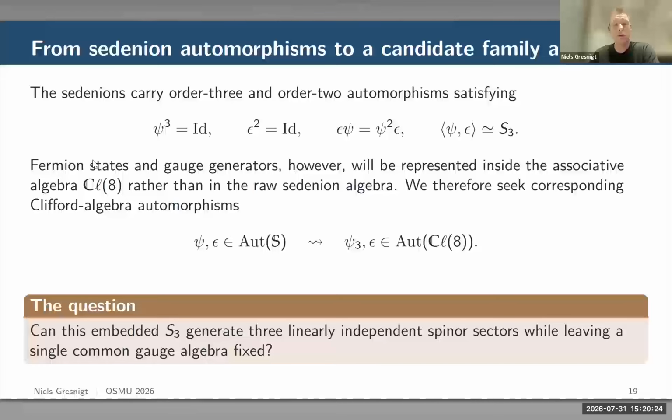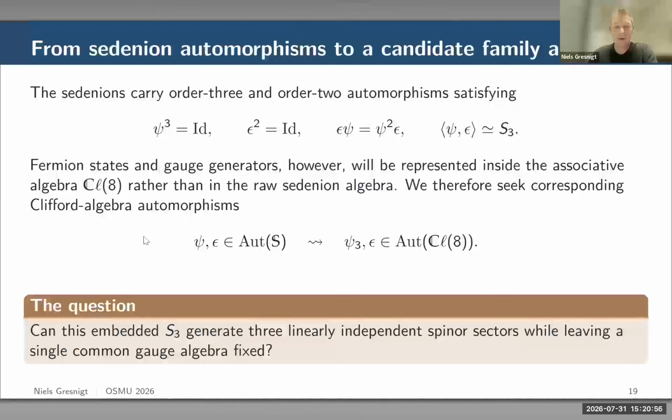So as mentioned earlier, the sedenions carry an S3 automorphisms generated by psi and by epsilon. And so one of the things I want to do is to embed this symmetry, these automorphisms of the sedenions, into the complex Clifford algebra CL8 in such a way that they correspond to automorphisms of the algebra.